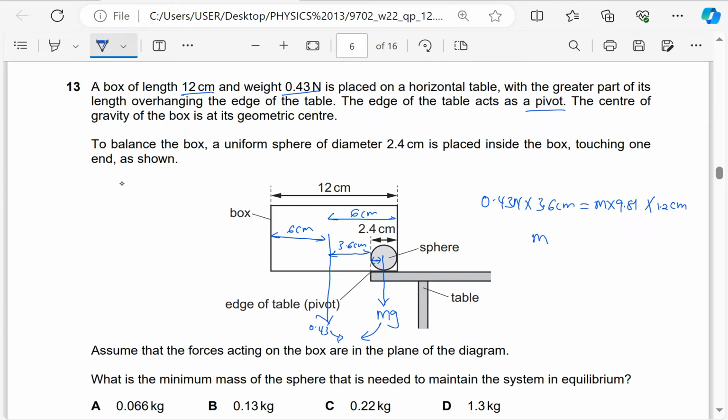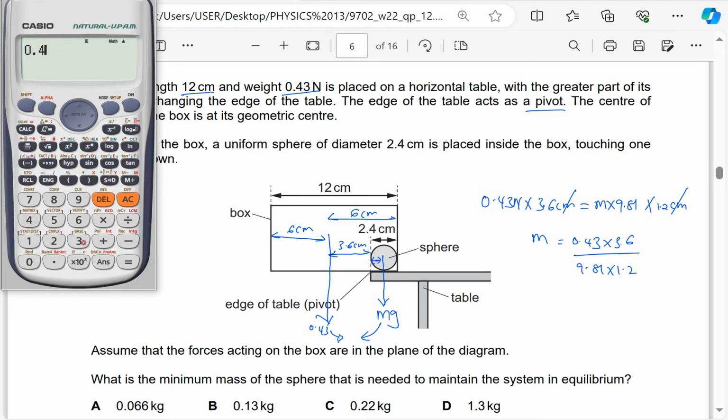So I want to find m. m will be 0.43 times 3.6 divided by 9.81 times 1.2. Of course, the centimeters have cancelled out.